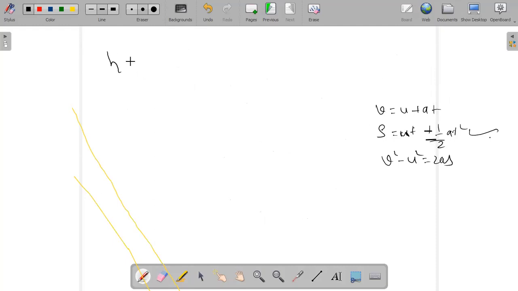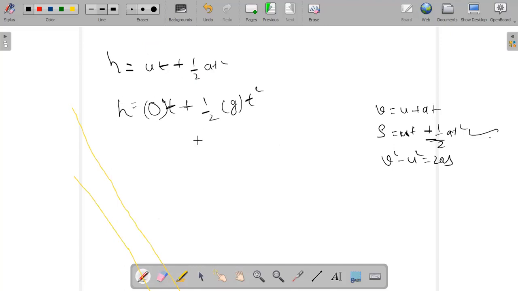The distance traveled is h is equal to ut plus half at square. Now the object is falling freely, so the initial velocity is 0. 0 into t, where t is the time taken, plus half; since it is falling down, the acceleration is g, and this is t square.